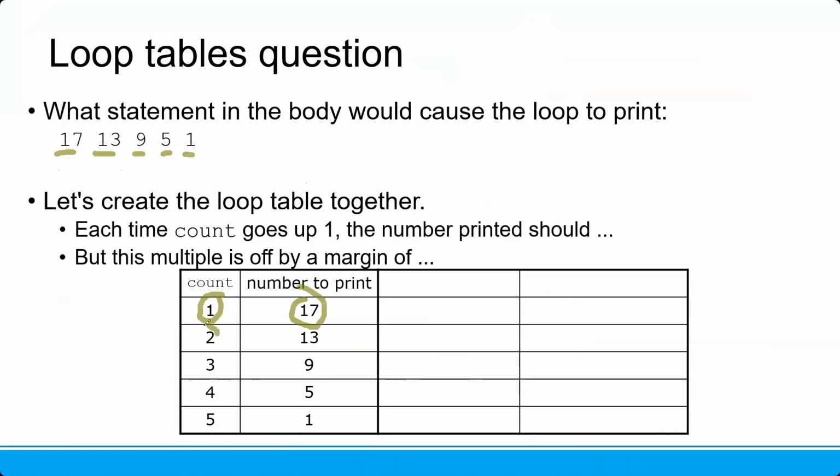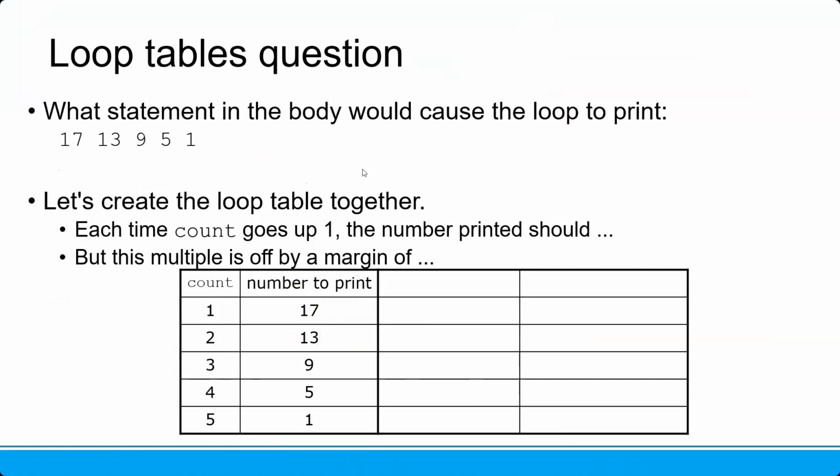If I have the count 2, I want to print 13. What will be the best idea to solve this one? As you know, the gap is 4, but it is minus 4.